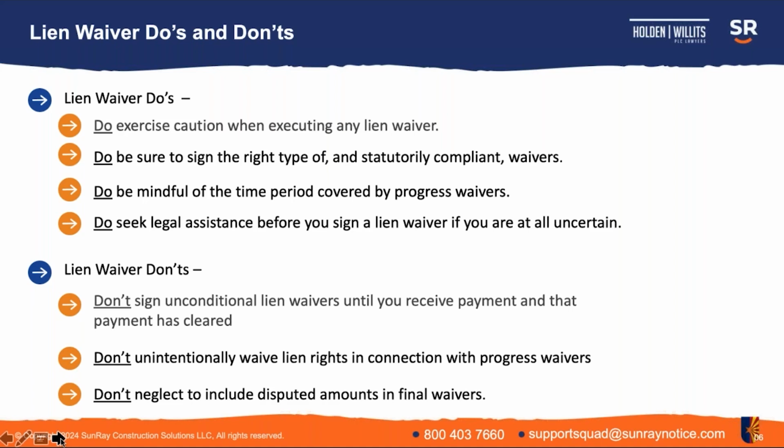The third do is be mindful of the time period covered by progress waivers. There is a potential pitfall that you see repeated in certain circumstances, and that's the situation where the claimant submits a payment application for, let's say, payment application number 3, and they include a conditional waiver with payment application number 3, and for whatever reason, payment application 3 gets held up and doesn't get paid.